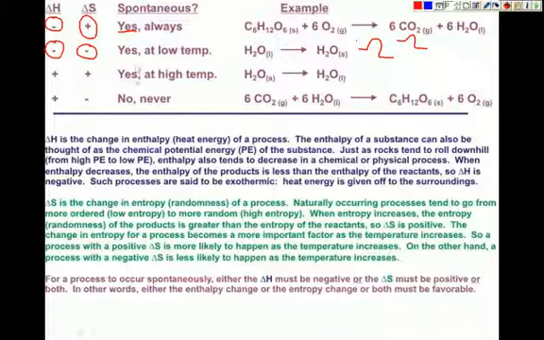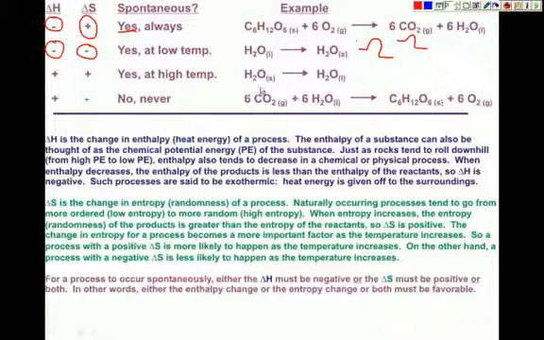So can this reaction be spontaneous? And the answer is yes. One of the forces is pushing it forward. So randomness is pushing it towards the reactant side, but minimum enthalpy is pushing it towards the product side. So it is possible that this can be spontaneous.